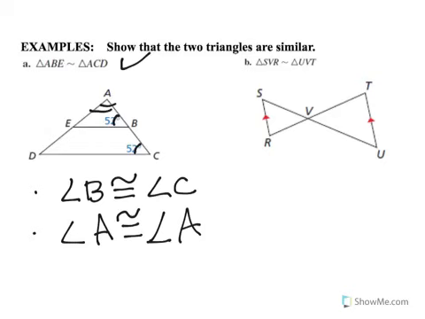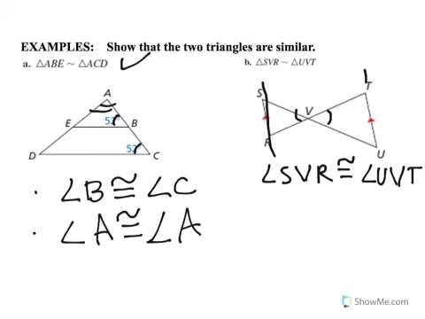On the next one, we know that vertical angles are congruent, so we could say that angle SVR would be congruent to angle UVT. There's one angle. But then if you look over here with our arrows, it's telling us that we have parallel lines. So with parallel lines and a transversal over here, we can also say that this angle S up here would be congruent to our angle U down here because those are alternate interior angles.